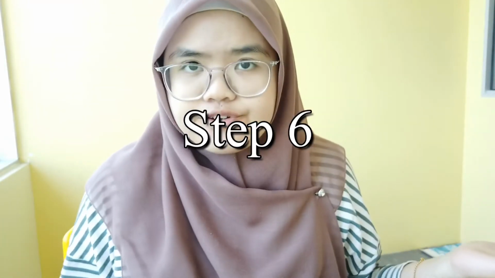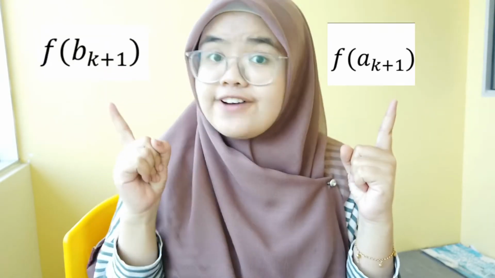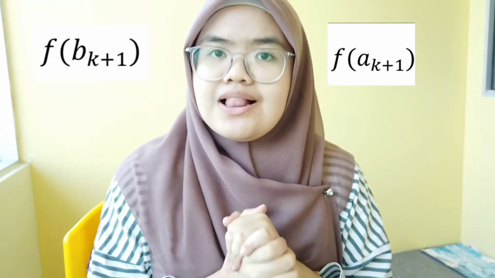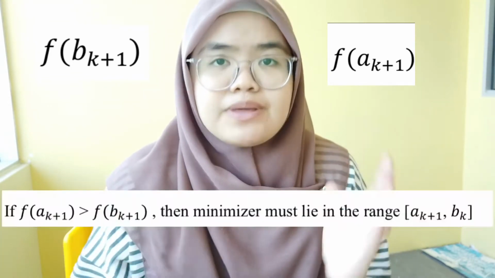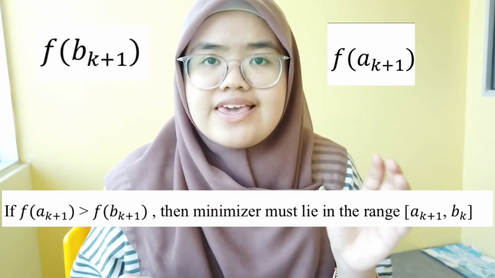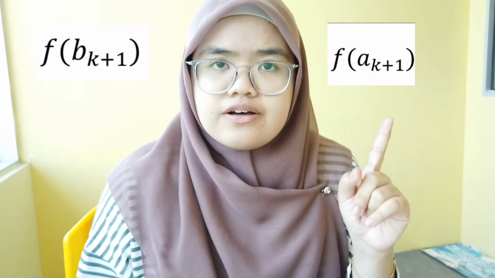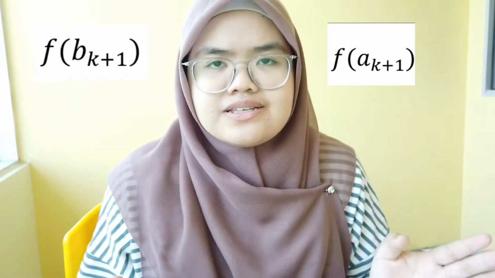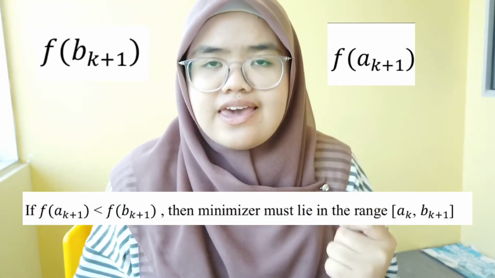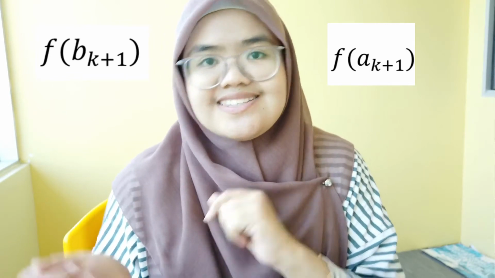The next step, step 6, we have to compare the function of A and the function of B. Let's say if the function of A is greater than the function of B, then the minimizer is between A_(k+1) and B_k. And if the function of A is smaller than the function of B, then the minimizer is between A_k and B_(k+1).